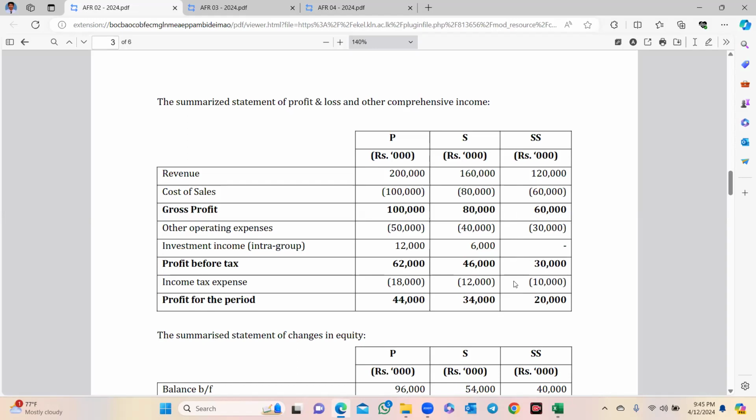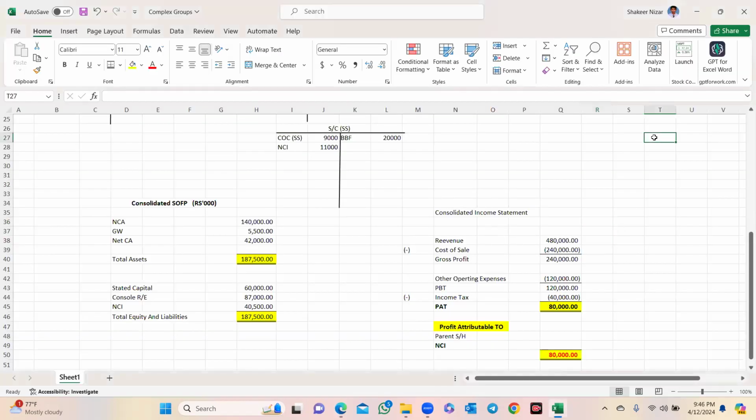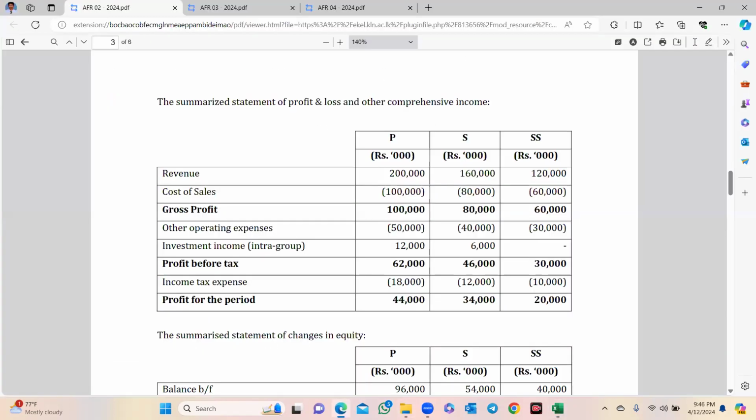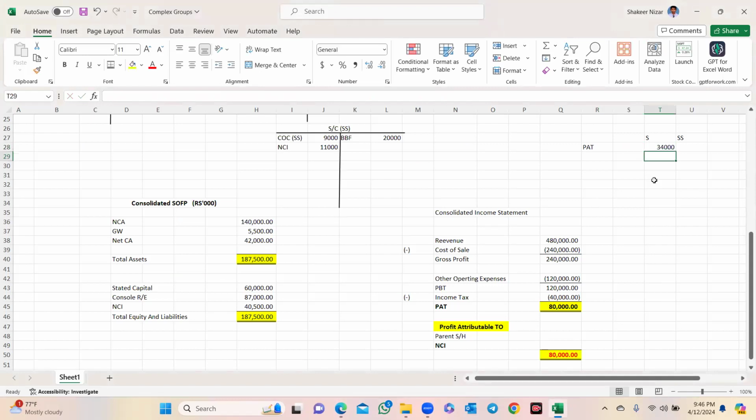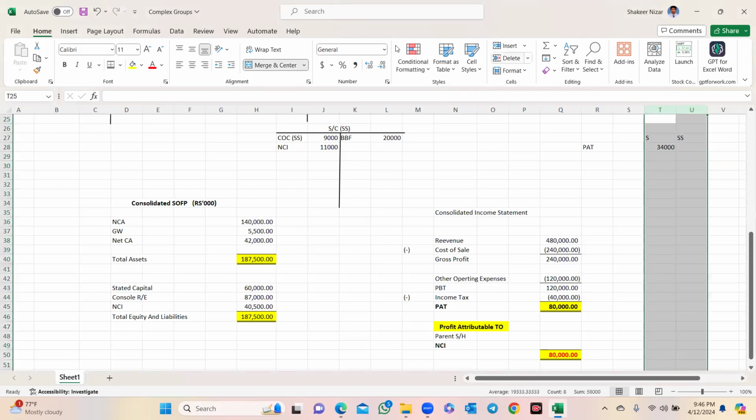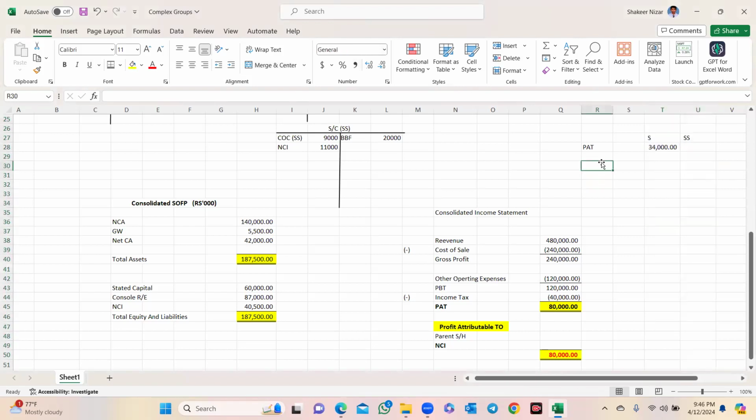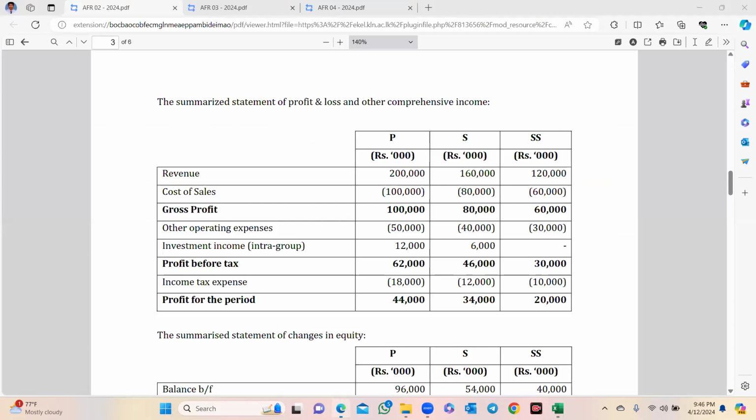NCI arises in S and SS, because P is 100% owned by us.